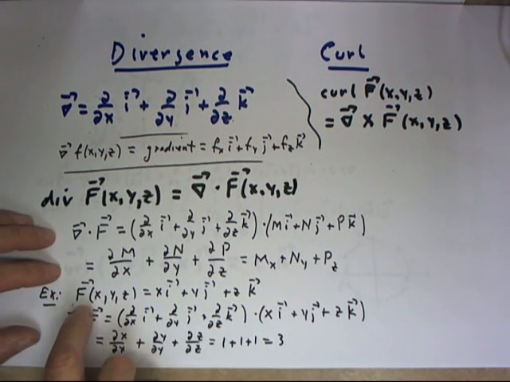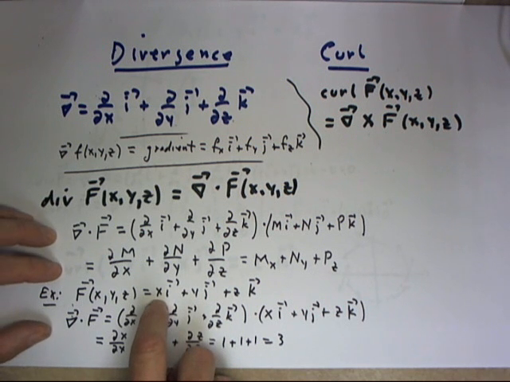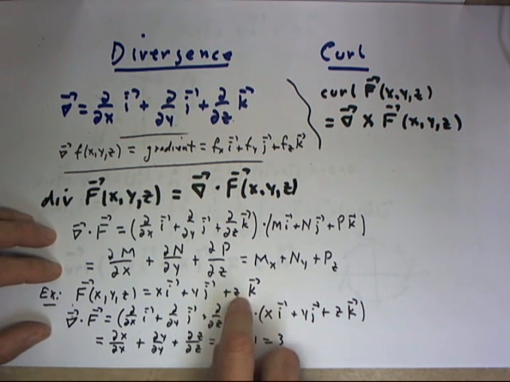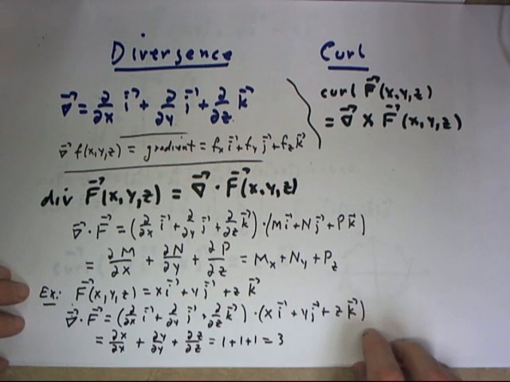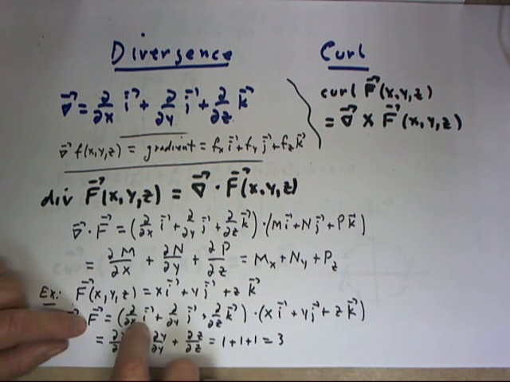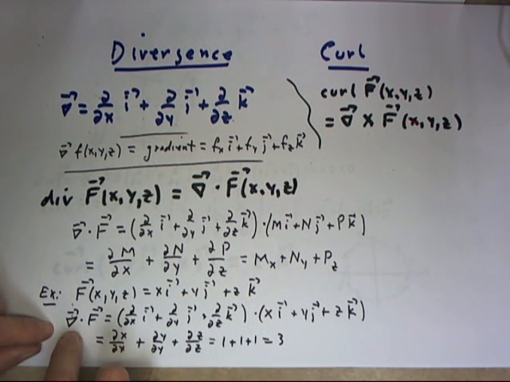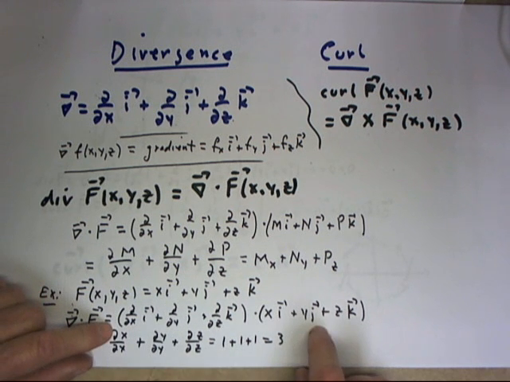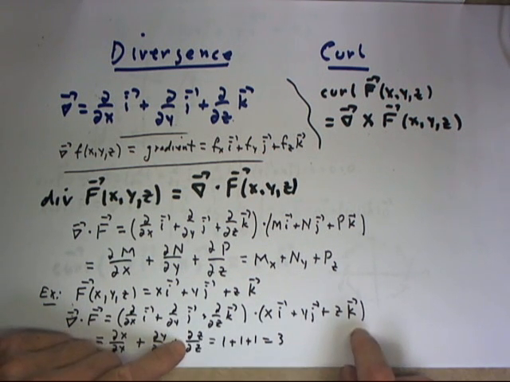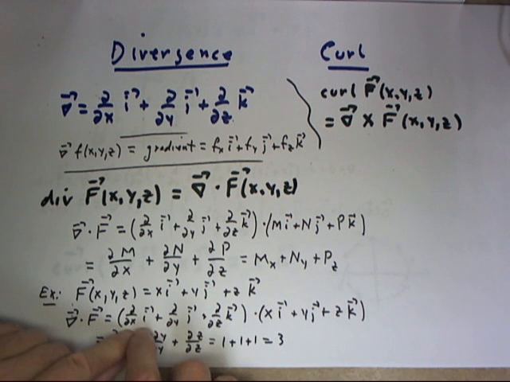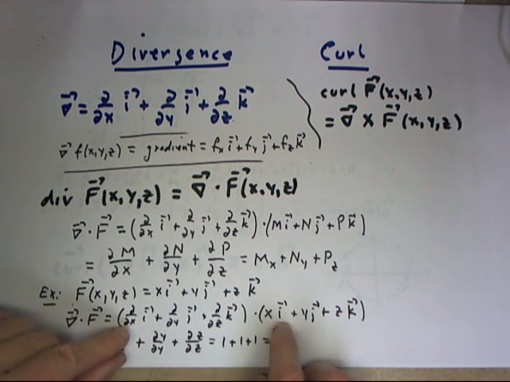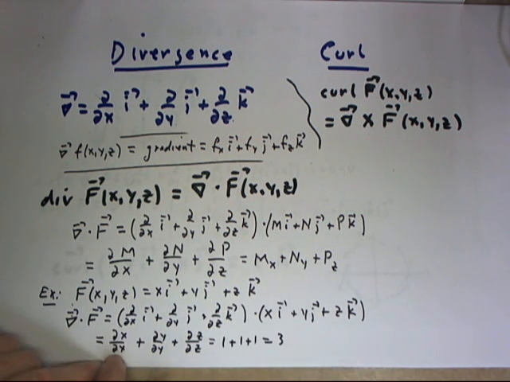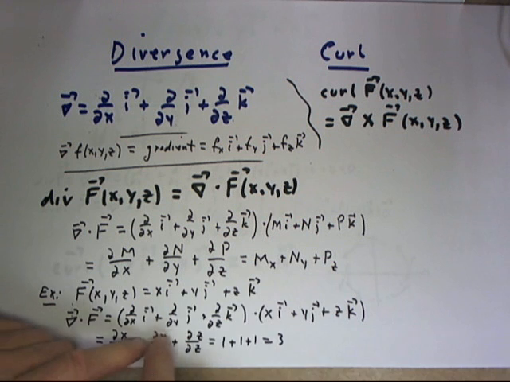And as an example, we do the divergence of the function xi plus yj plus zk, one of the functions that we looked at in the preceding clip. We've written it out here, so I'm not going to read it to you, but we then perform the operation by applying the del with respect to x to the x, in other words i component times i component, gives us partial of x with respect to x.